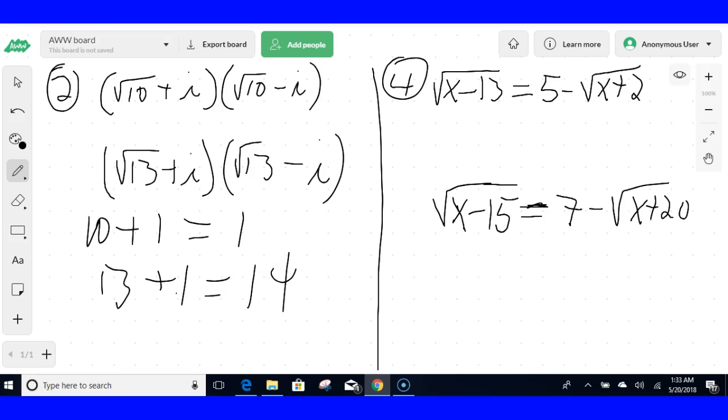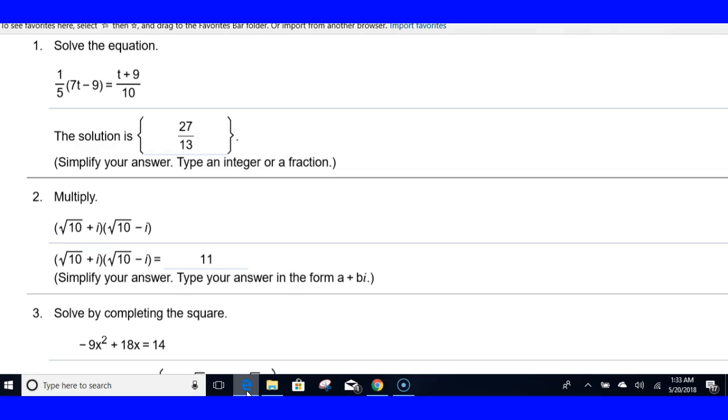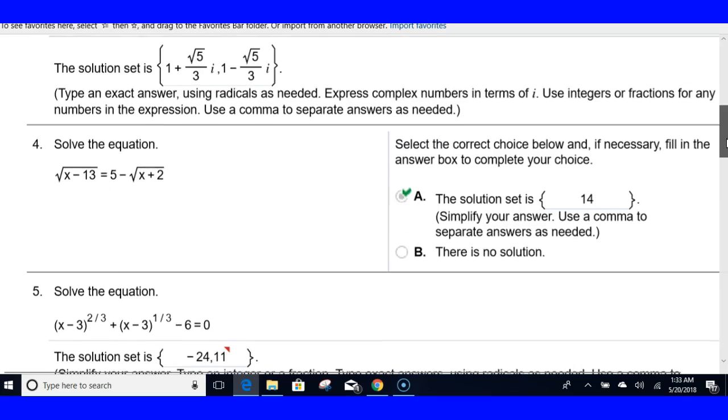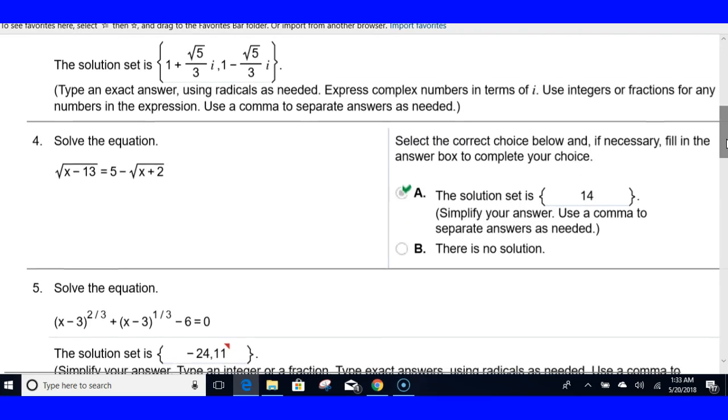Simple enough. So number 4, same thing. You get x minus 13 equal 5 minus square root of x minus 13 equal 5 minus square root of x plus 2. Don't worry about the rest, just add 1 to that 13 there.